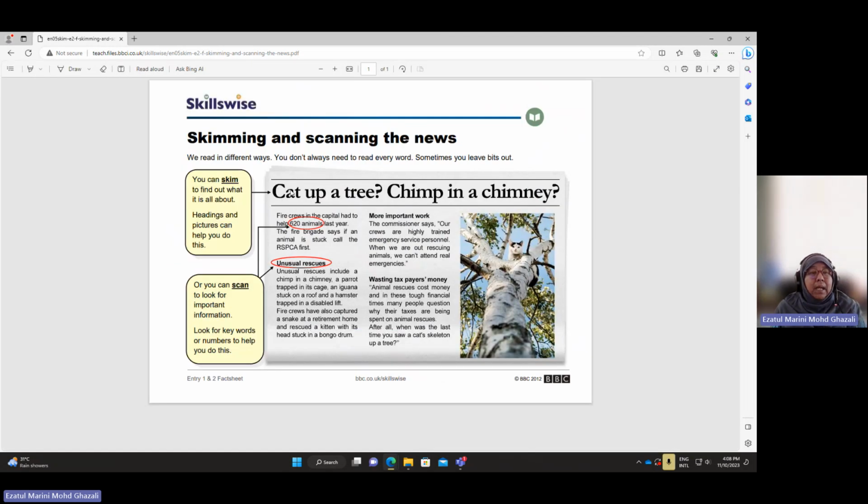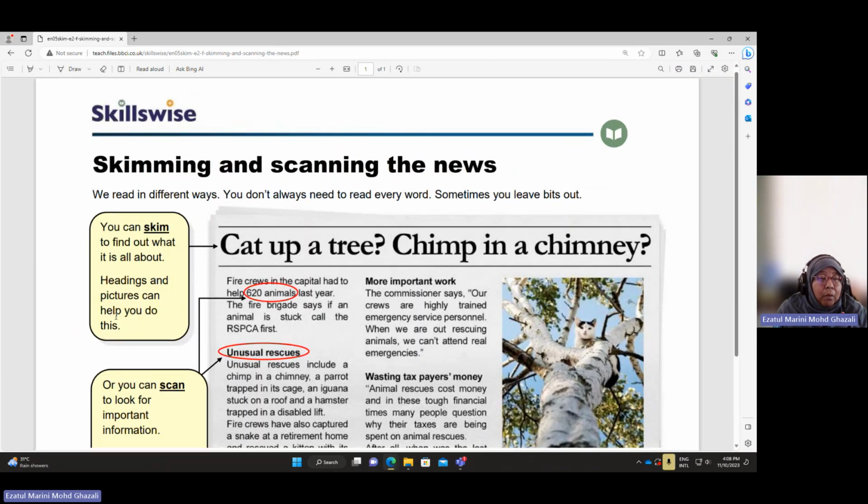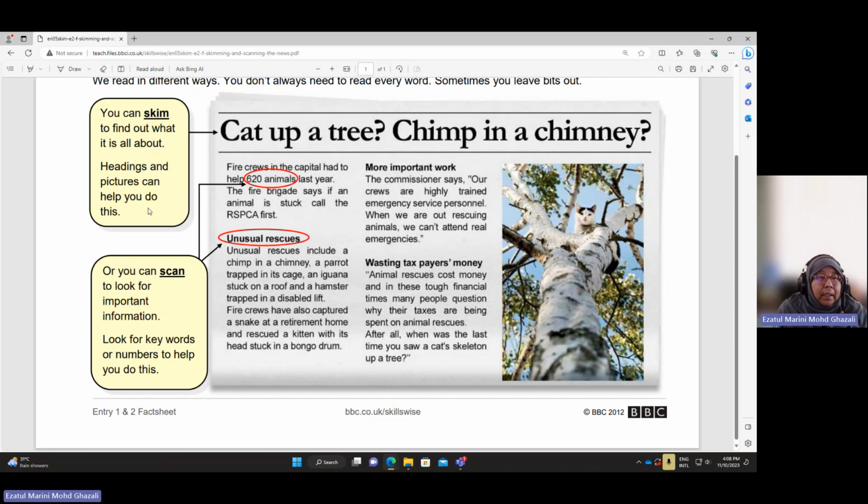This is skimming and scanning the news, right? You can skim to find out what it is all about. Headings and pictures can help you do this. For example, cat up a tree, chimp in a chimney. Look at the picture. What is in the picture? Cat on a tree.